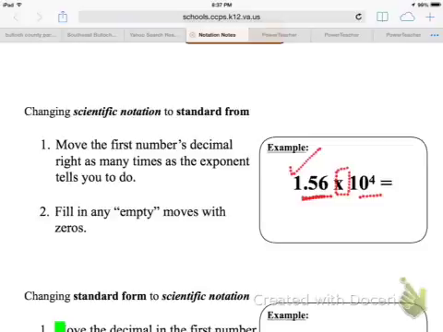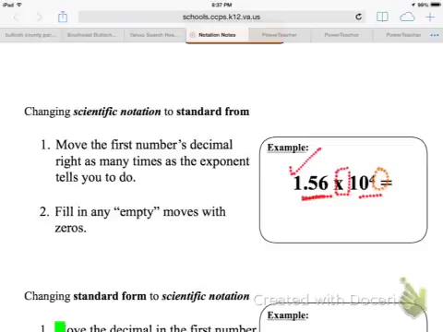So let's look at a couple of steps. When you're writing in standard form, it is important to look at your exponents, because that's going to tell you which way to move and how many times to move. When I check my problem here, my exponent is 4. It's a positive 4. That is important.